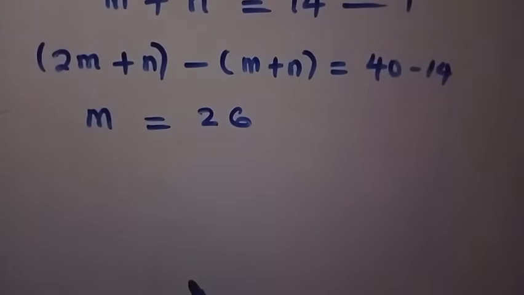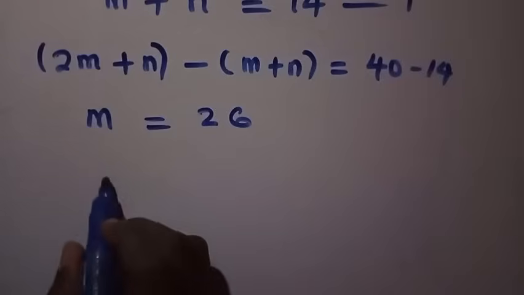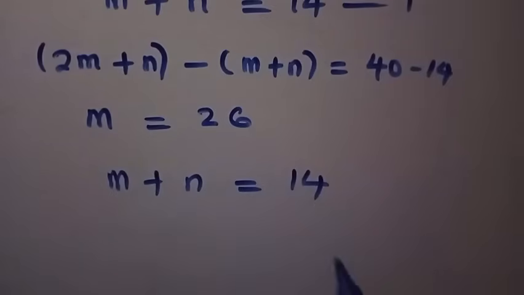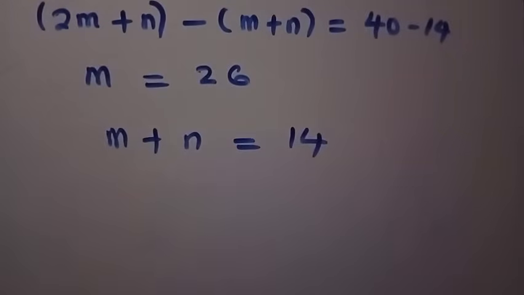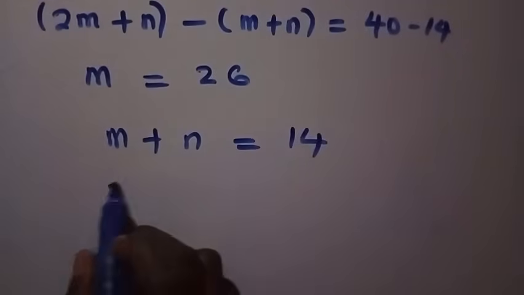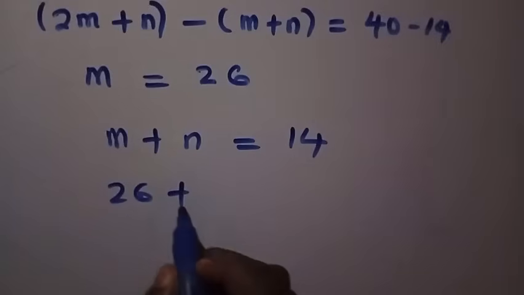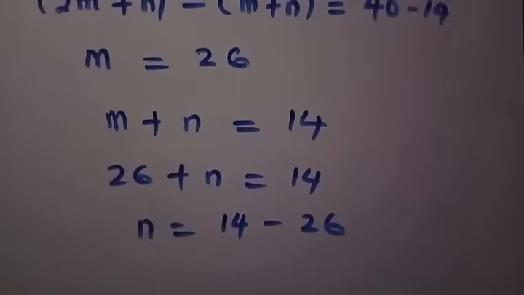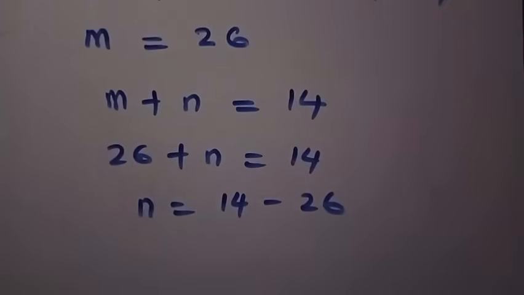And if m equals 26, we can get our n by considering equation 1, which is m plus n equals 14. So substituting it in this one, we have 26 plus n equals 14, and n equals, by taking this 26 to this side, 14 minus 26, which gives us minus 12.